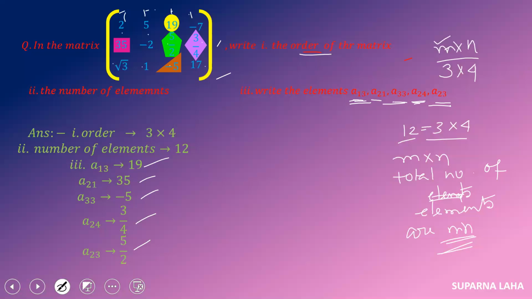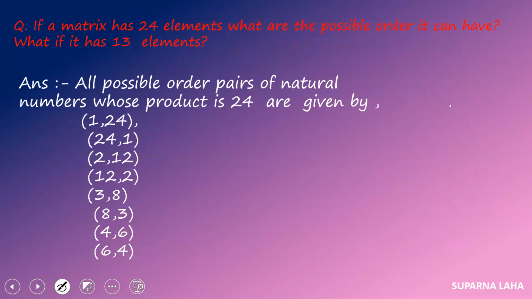Okay, so moving to the next problem. If a matrix has 24 elements, what are the possible orders it can have? That means we know that if an m cross n matrix is given, then the number of elements of this matrix is given by m into n. Now here m into n is given as 24.